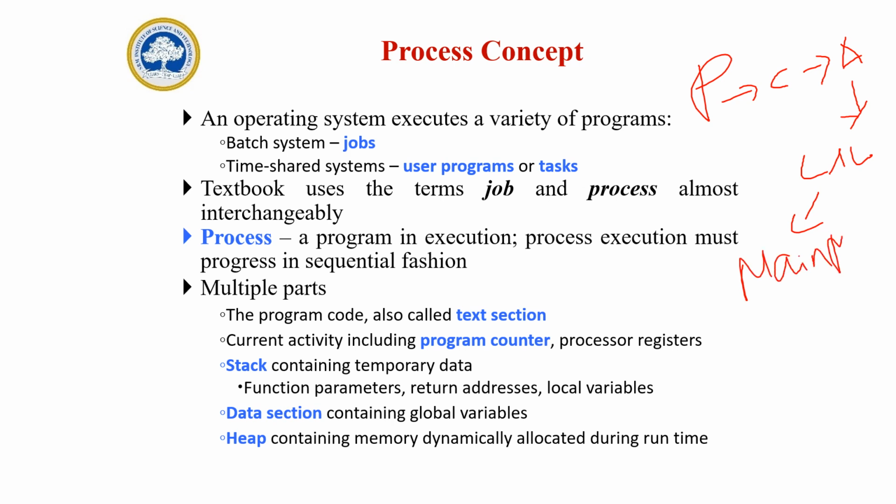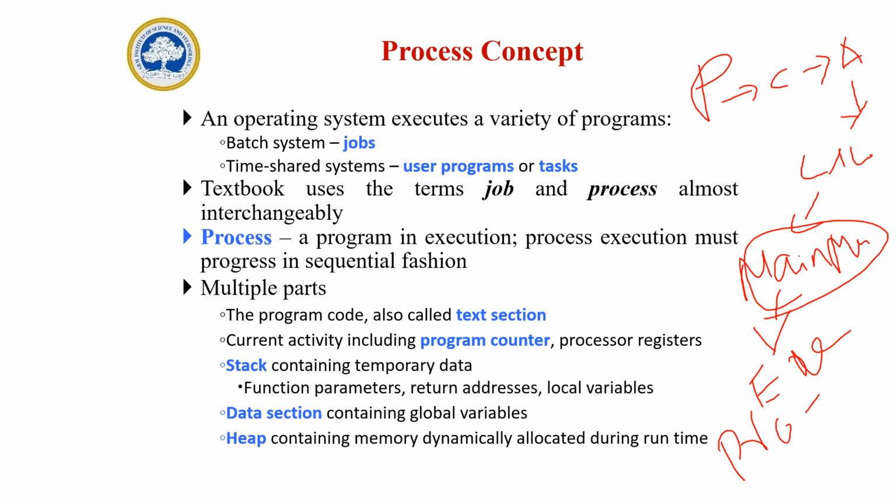It will be loaded in the main memory, and there we will have the exe file. When this exe file starts its execution, the program is converted into a process.